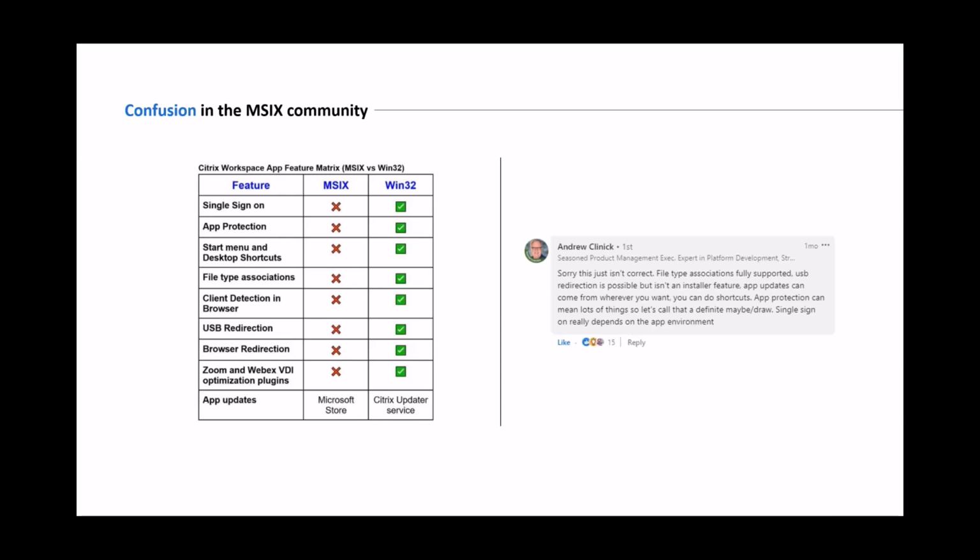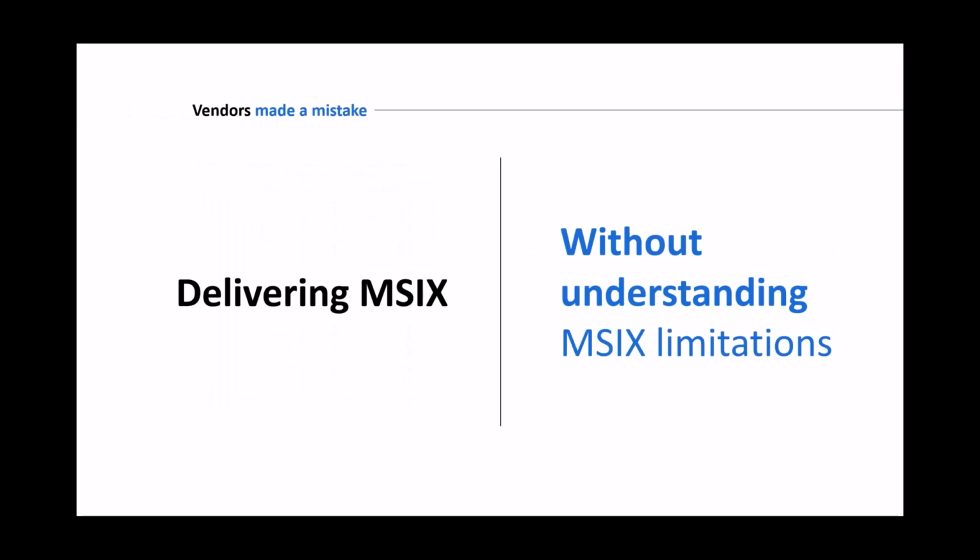But today I will not go into which of these features can be fixed and how. We have bigger issues, because vendors are delivering MSIX without fully understanding MSIX limitations. And Citrix is not the first one who actually did that. There are others that have reverted back to a Win32 installer from MSIX.